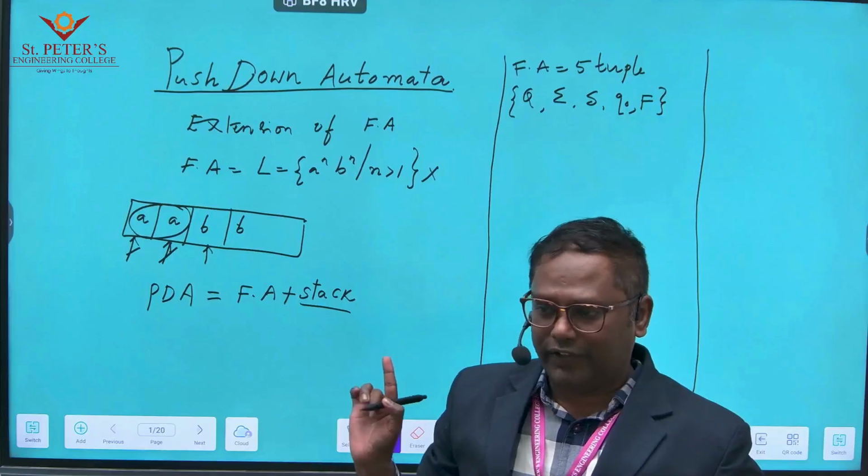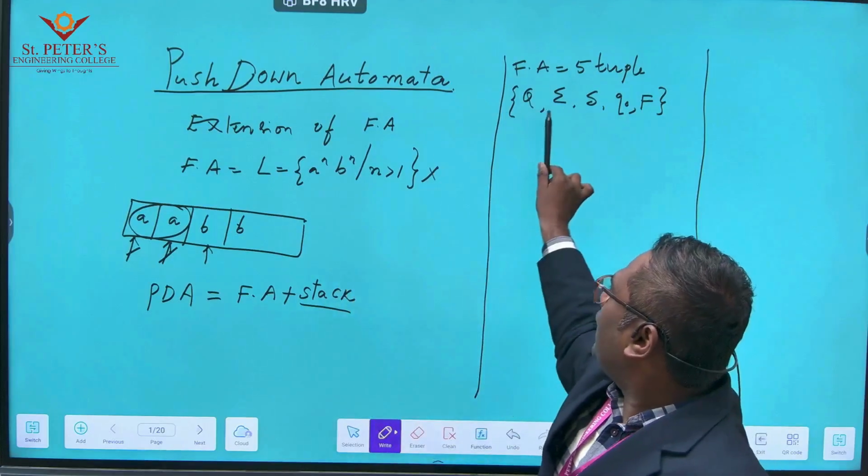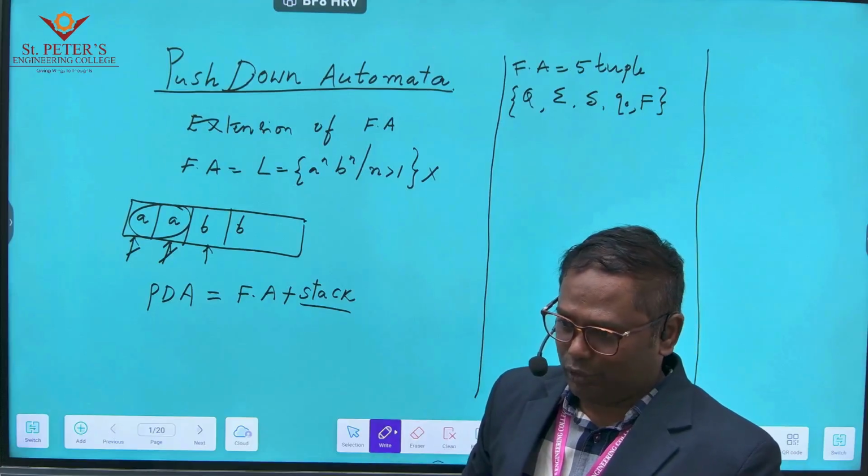If any one of them is missing, then you do not call it a finite automata.